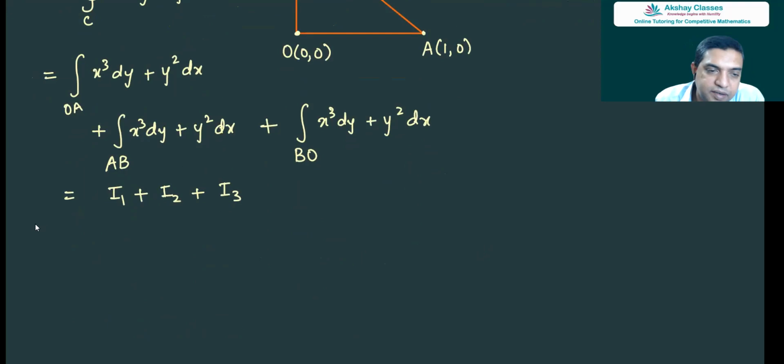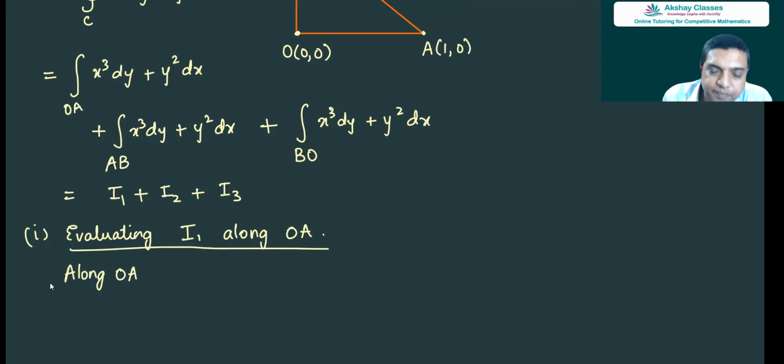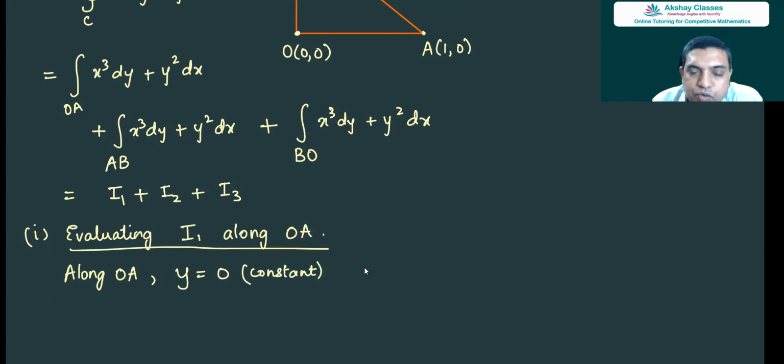So evaluating I1 along OA. Along OA, what is constant? The y coordinate is constant. Y is equal to 0 throughout.